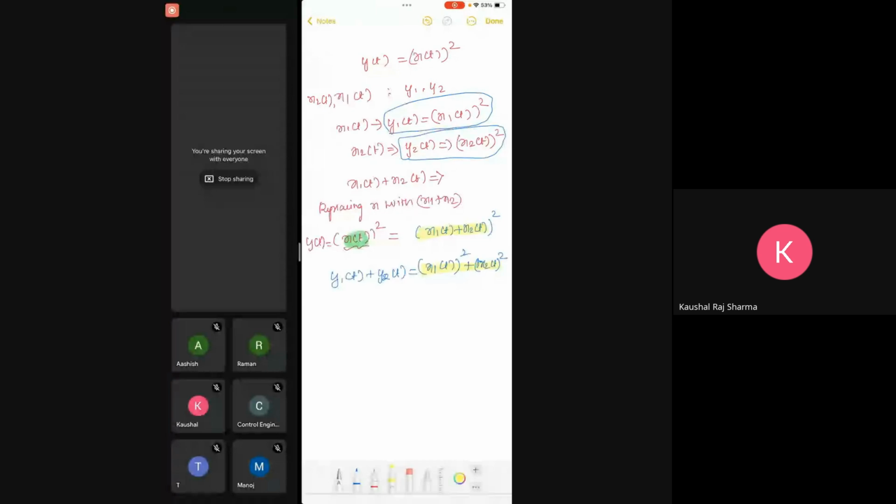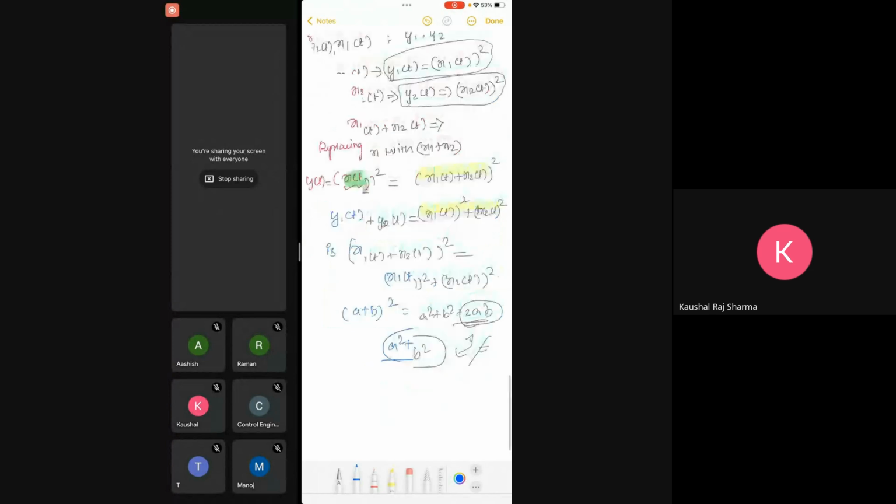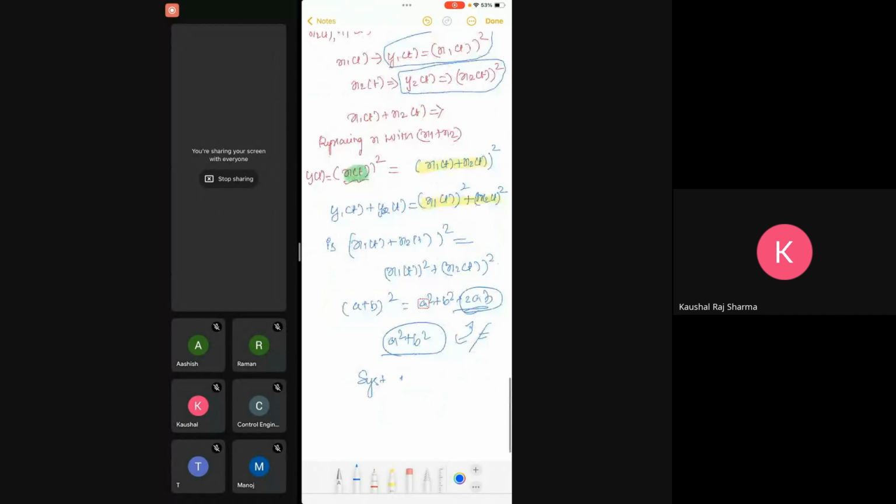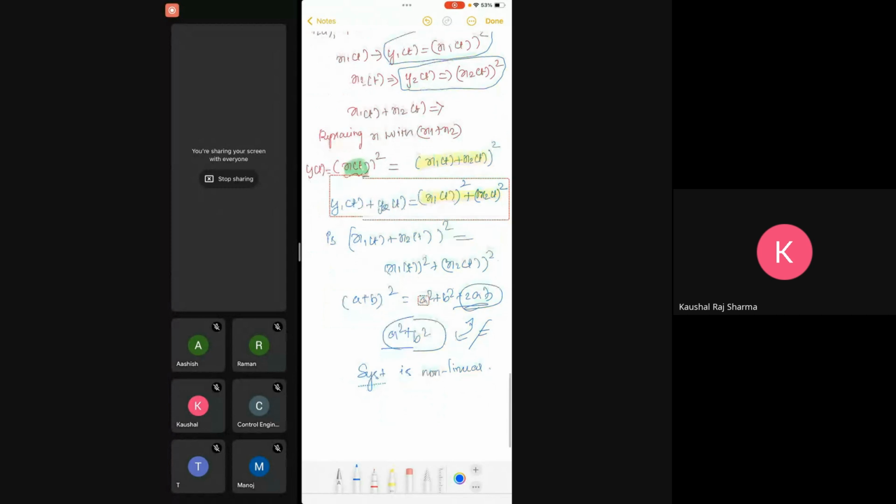This is equation 1. x1 of t plus x2 of t the whole square is equal to x1 of t the whole square plus x2 of t the whole square. Will it be equal? This is like a plus b the whole square equal to a square plus b square plus 2ab. This term will be there. So the system is non-linear. The superposition itself failed. No need of checking the homogeneity.